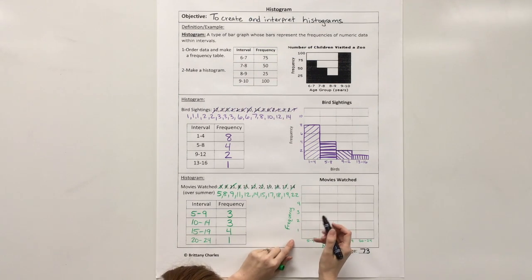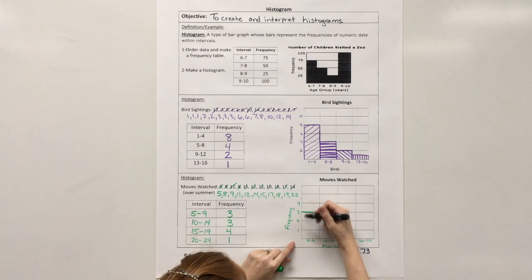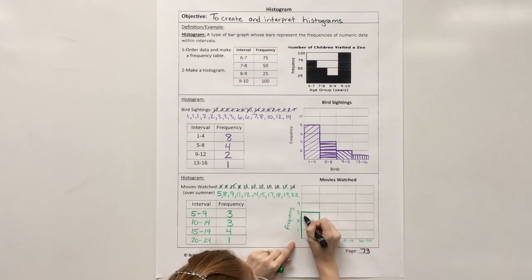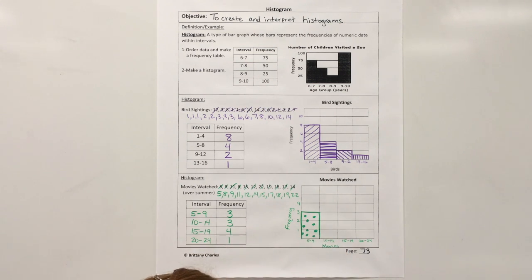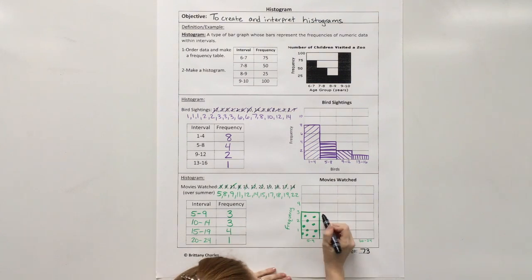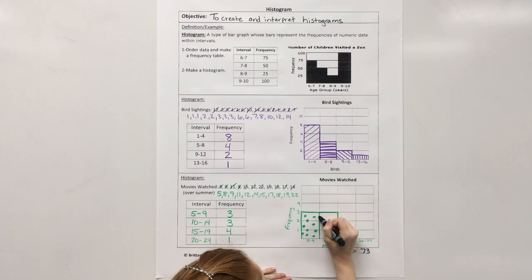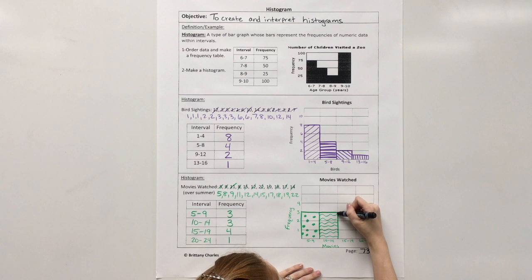And now I just graph it, so this one goes up to 3. Okay. All right, then my next one was also up to 3. Okay, my next one was at 4.